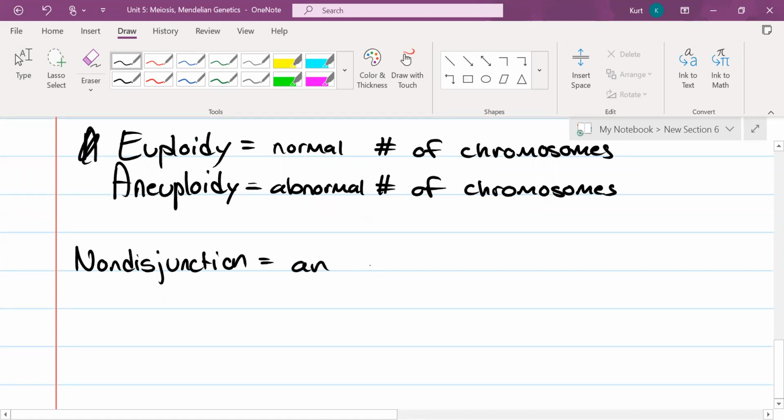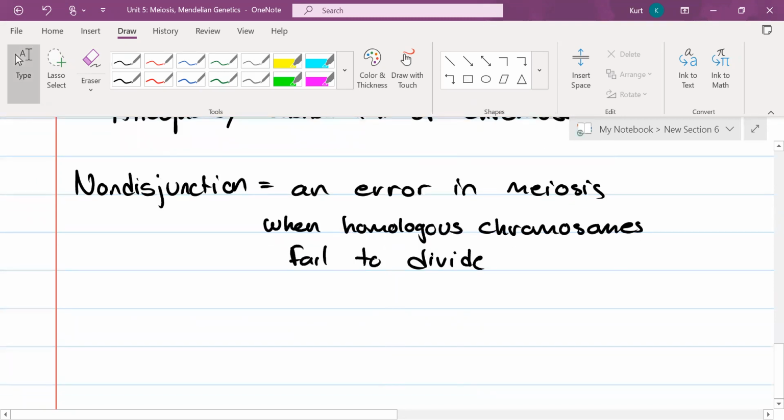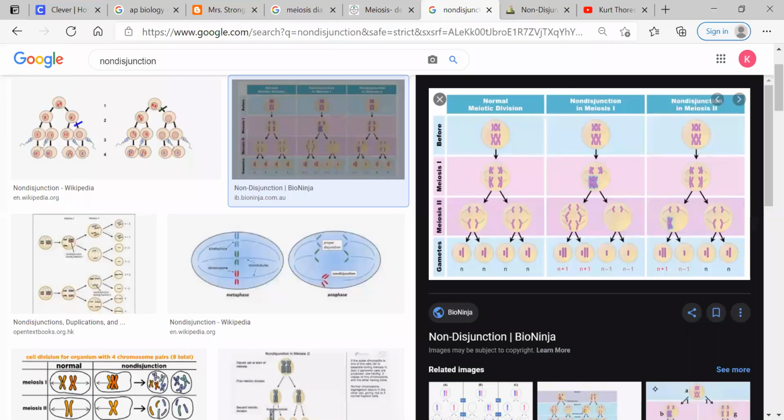Non-disjunction is an error in meiosis when homologous chromosomes fail to divide. So I would love to draw it out for you and just take it piece by piece, but I have an image here to show you, another thing from online. So let's take a look at that.